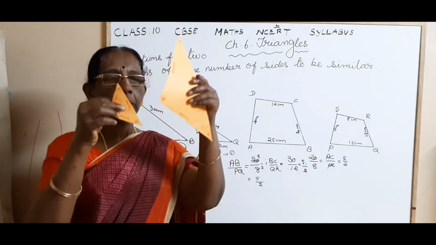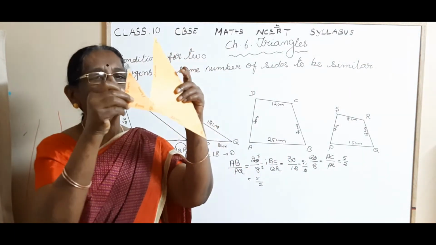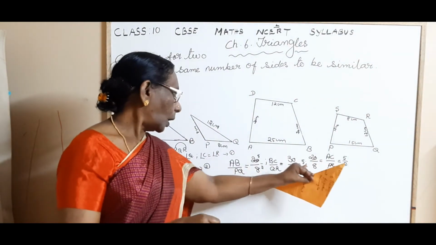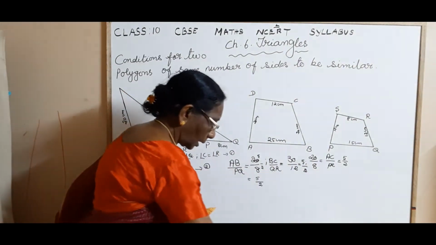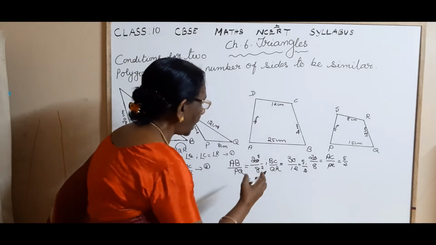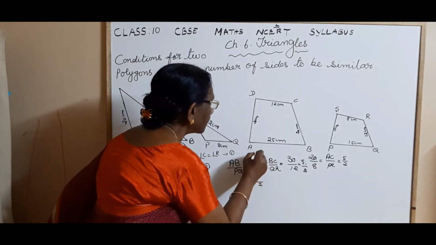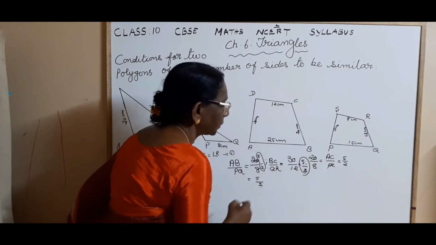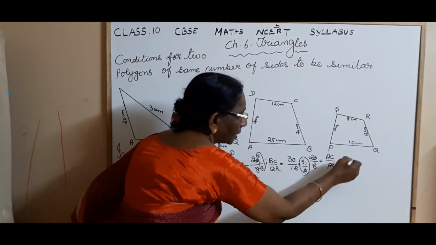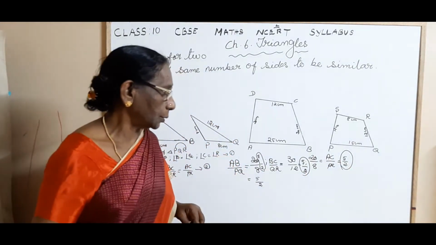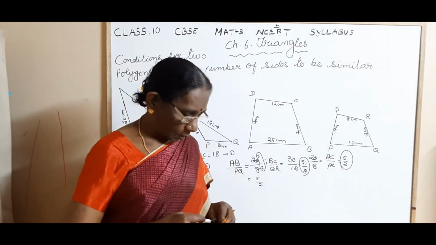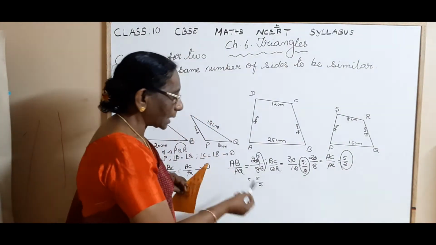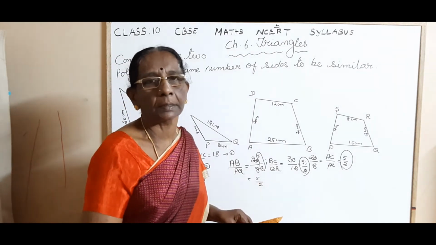Okay. So now the sides are in the same ratio. AB by PQ is what? 5 by 2. BC by QR is also 5 by 2. And AC by PR is also 5 by 2. Therefore, these two triangles have satisfied the two conditions.